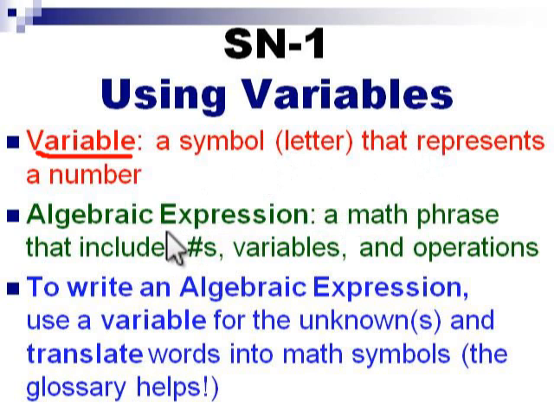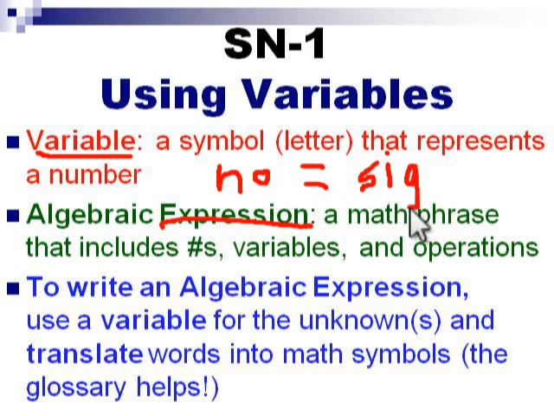We're also going to be writing algebraic expressions, not equations. Since they're expressions, you will not have any equal signs at all in any of your math problems that you will be writing in this section. No equal sign.